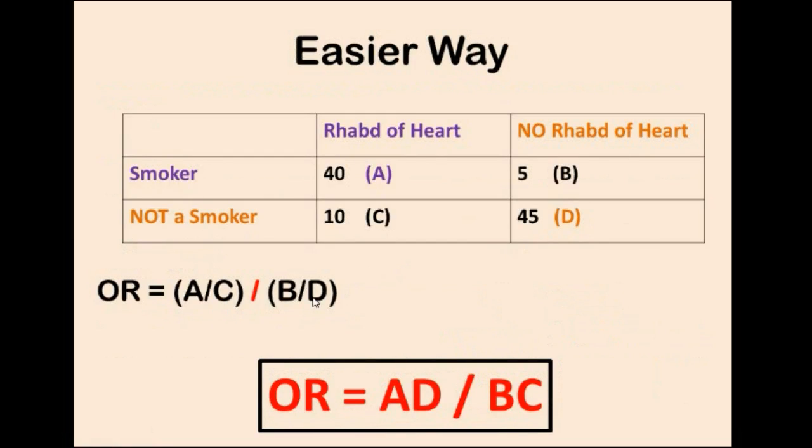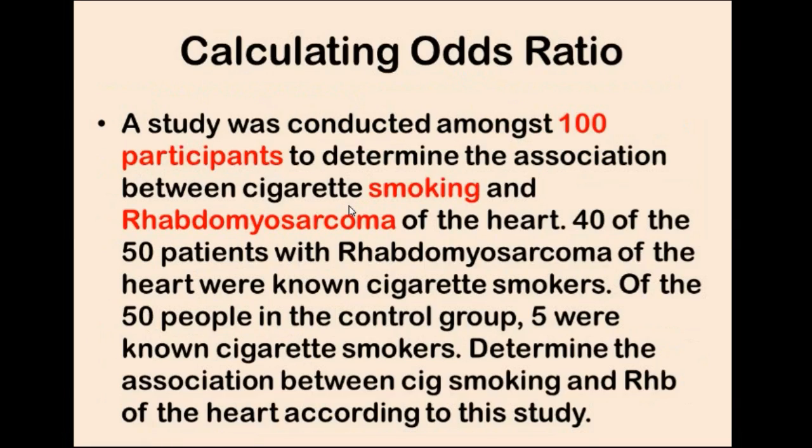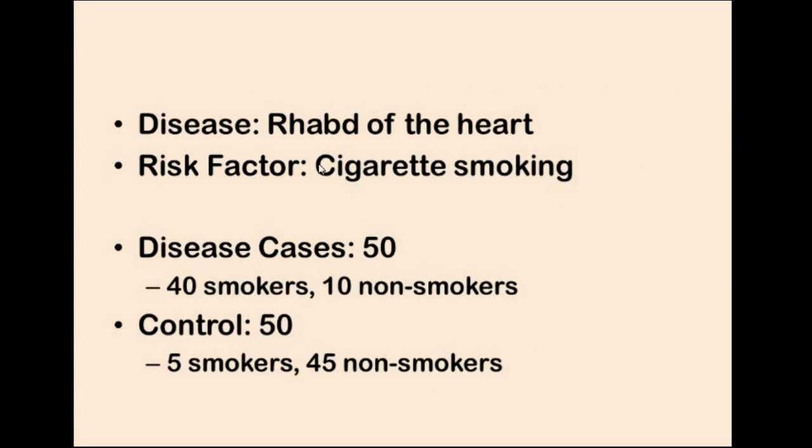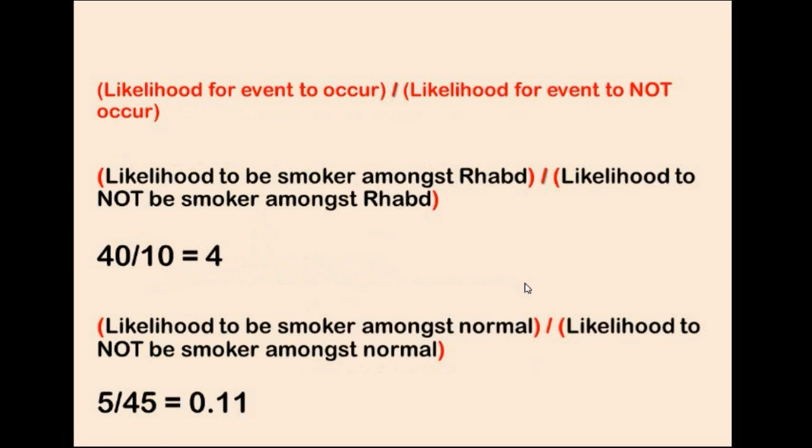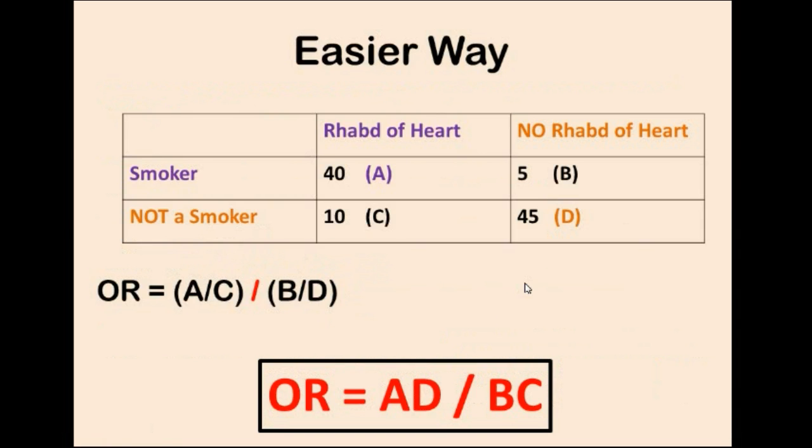So in the end, you don't have to remember anything except, first of all, you just have to recognize that this is a case control study where you have to determine the odds ratio, and then as long as you can divide your cases like this and thus make a table, and you remember the formula, you're good to go.